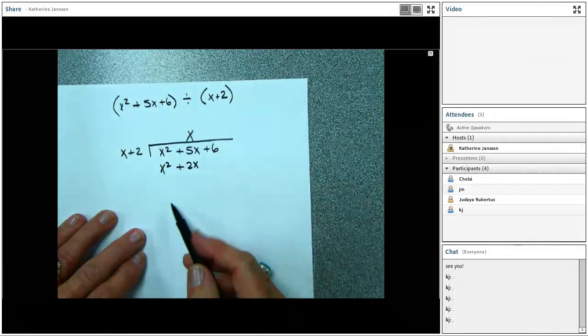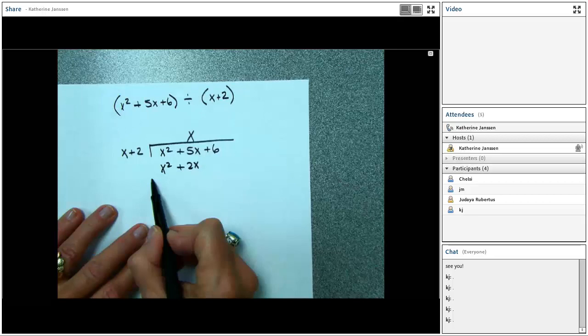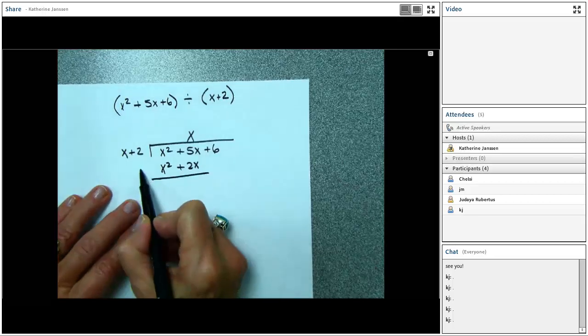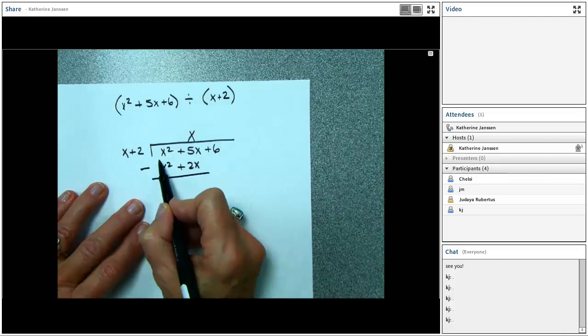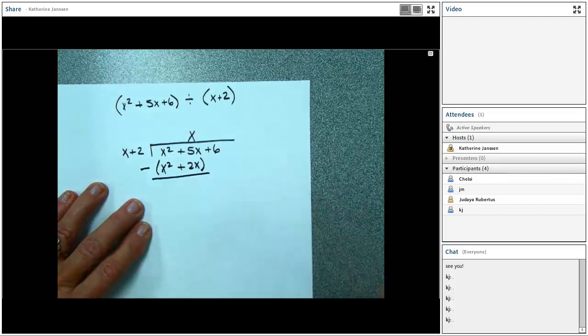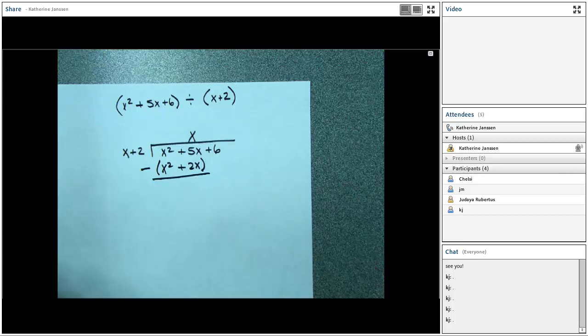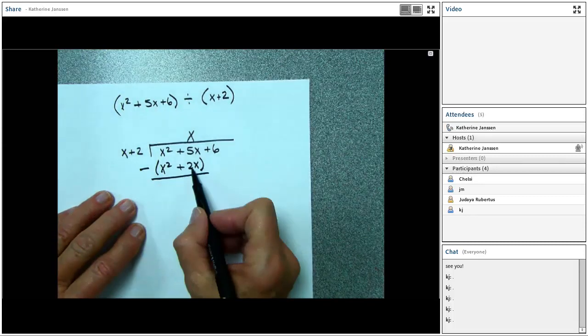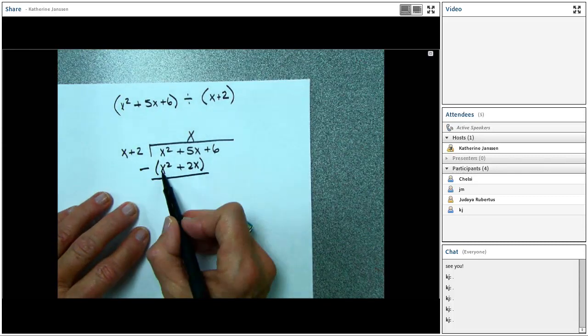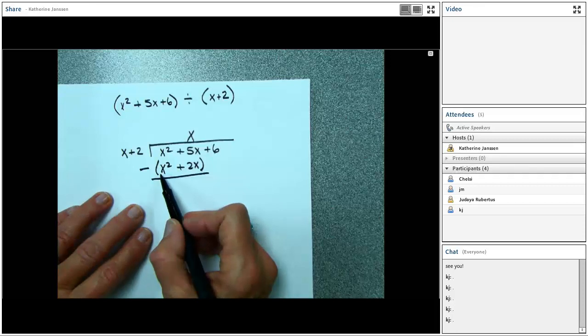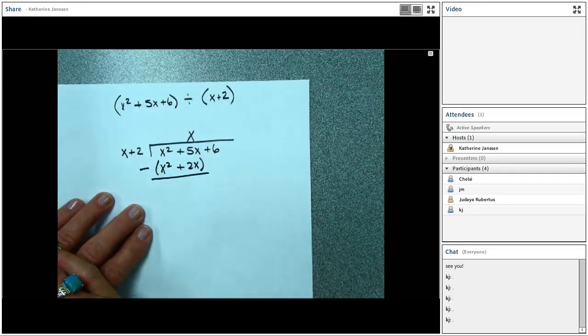And then in long division, draw your line and subtract. Notice what I'm doing. Subtract the entire polynomial. So I'm subtracting a polynomial, which means I have the opposite, change the sign of each term.